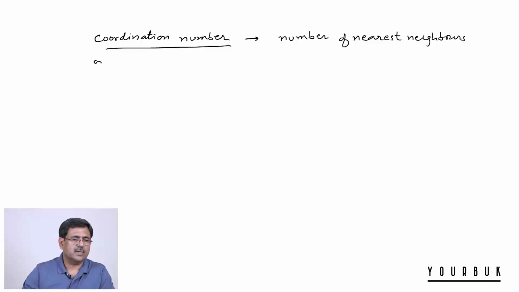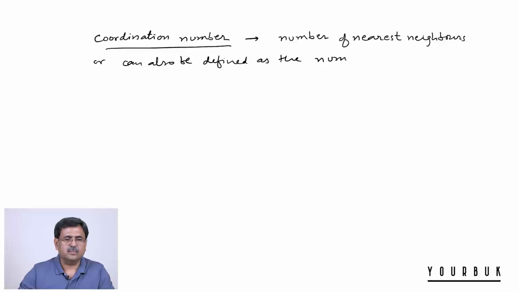Or coordination number can also be defined as the number of atoms which are in direct contact with the metal atom.